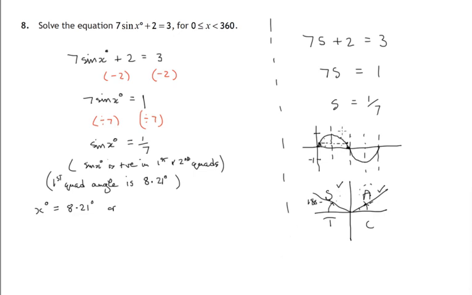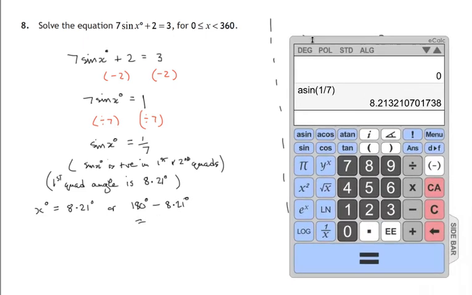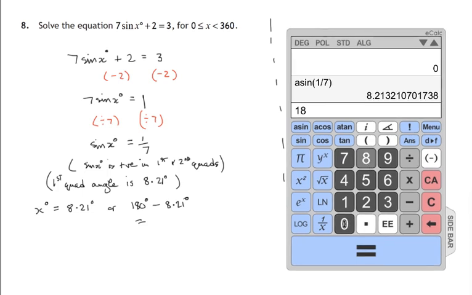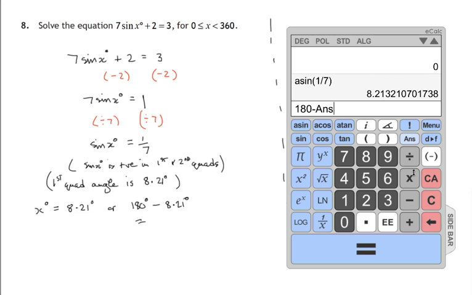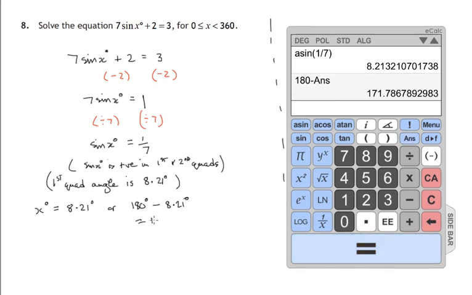You can see that in this graph diagram or in the quadrants diagram. So whatever way you've been taught this, we know it's 180 minus 8.21 degrees. Now on our calculator, 180 degrees minus that answer, and there it is. It's 171.79 degrees.